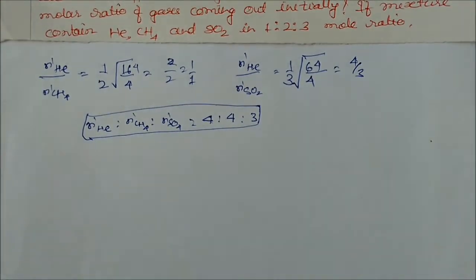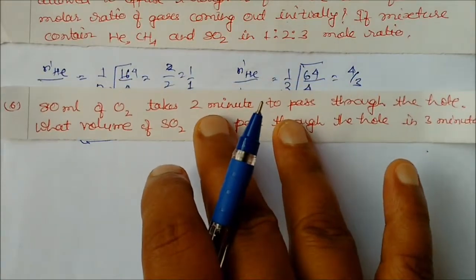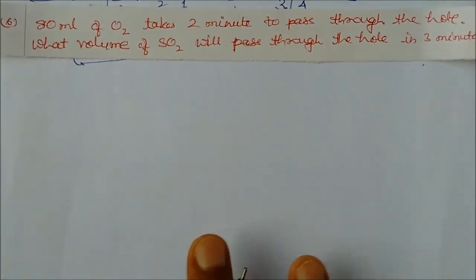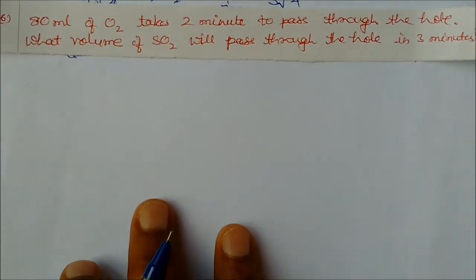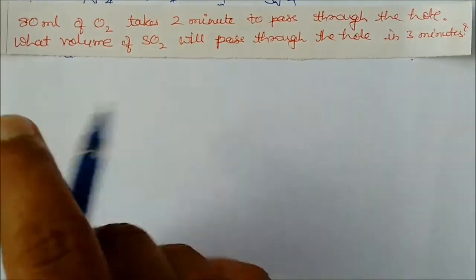Now the next problem. 80 ml of oxygen takes 2 minutes to pass through a hole. What volume of sulfur dioxide will pass through the hole in 3 minutes?